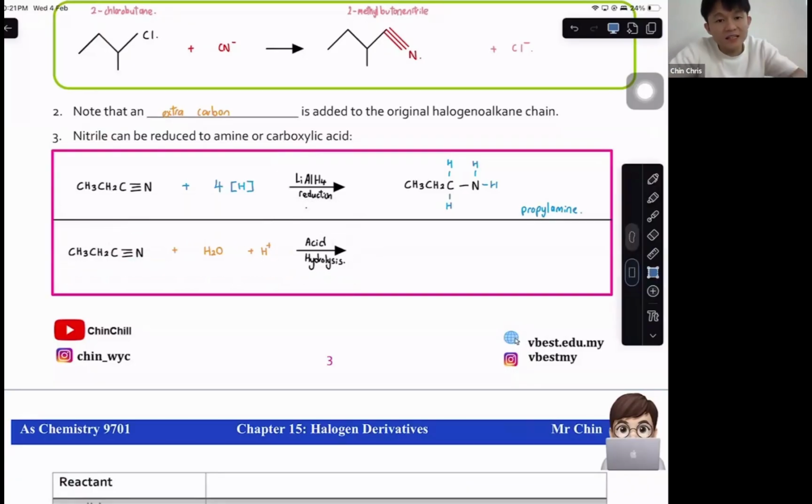So guys, for the acid hydrolysis reaction, the C triple bond N is gonna get broken completely, like entirely broken. So it's gonna turn into something else.